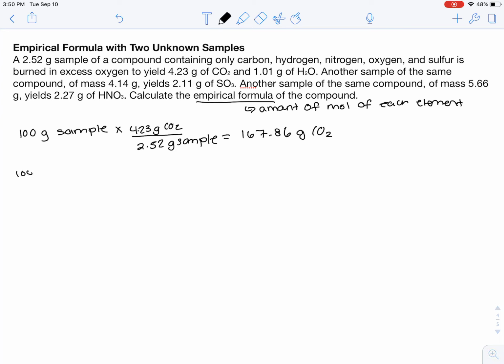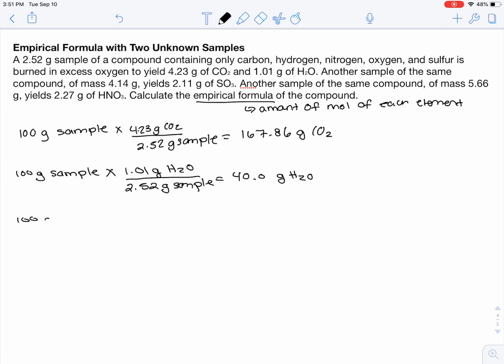So 100 gram sample times 1.01 grams of water divided by 2.52 grams sample. This makes 40.0 grams of water.